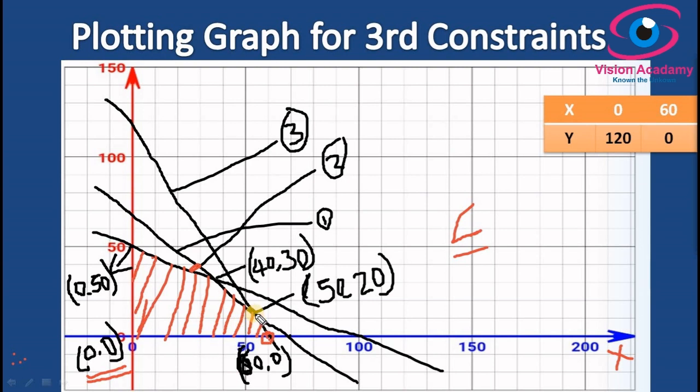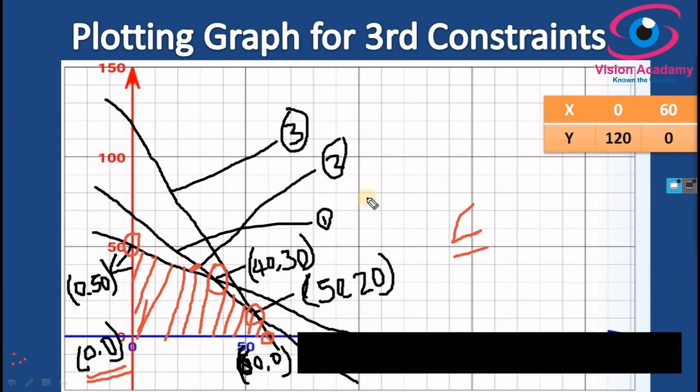Another intersection here: x is 50, y is 20. And this intersection where two lines are touching together: x is 40, y is 30. And one more intersection here: x is 0, y is 50. So we have 5 corner points, and over those 5 corner points we will calculate the graphical solution.